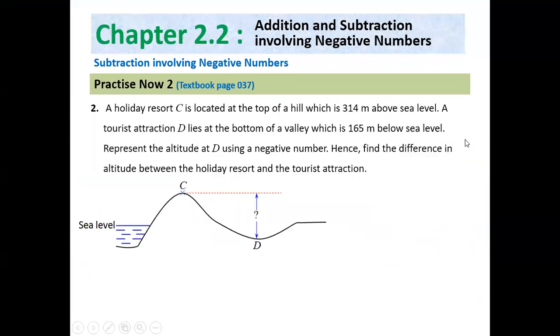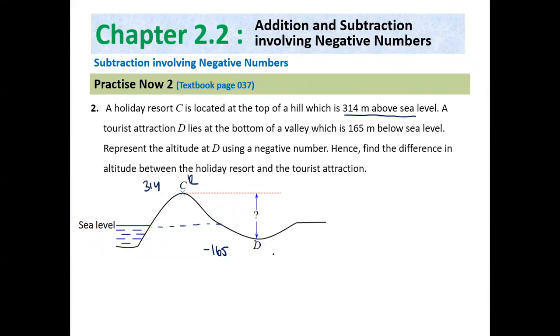Okay. C is located on the top of a hill, which is 314 above the sea level. Above the sea level, this is the sea level. So this is 314. And tourist attraction D lies at the bottom of the valley, which is 165 below the sea level. So this is below the sea level. See, so this is negative 165. So find the difference in the altitude between the holiday resort and the tourist attraction.